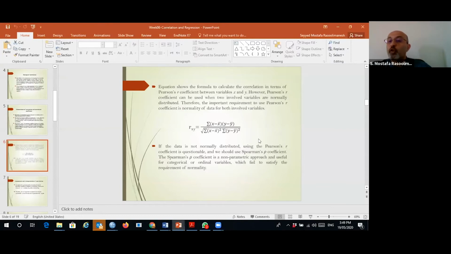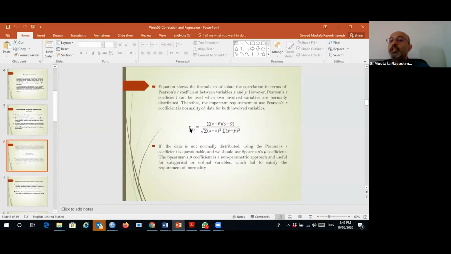So this formula defines the correlation between x and y. We call this Rxy the correlation coefficient, and it should be between -1 and 1.